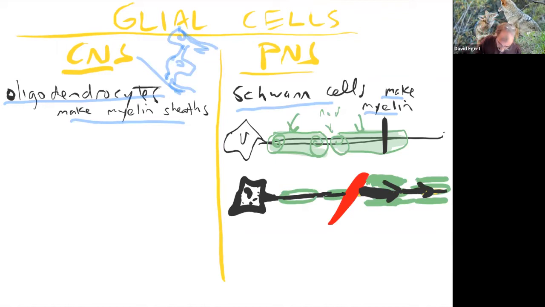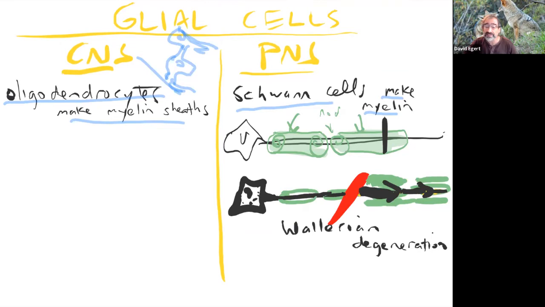There's a word for this, Wallerian degeneration. So the Schwann cells are also playing a role in helping this axon regrow and find its original connecting point after there's been damage and the axon got cut.